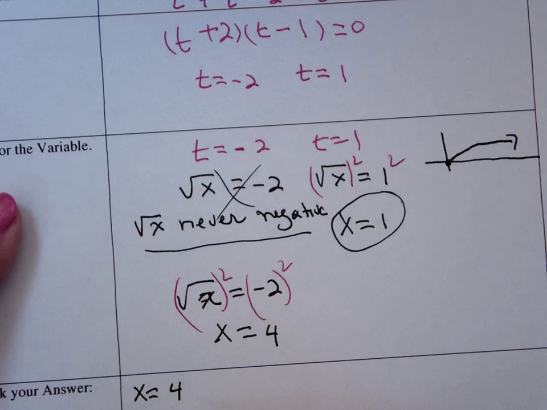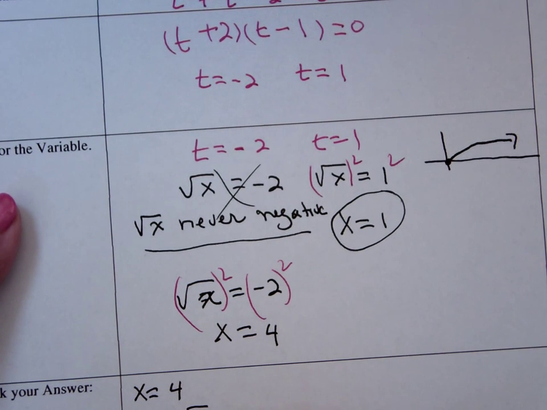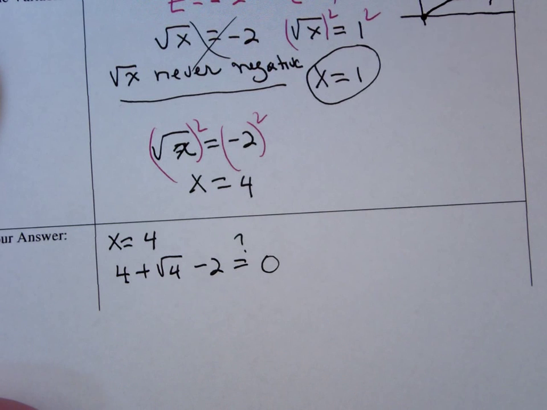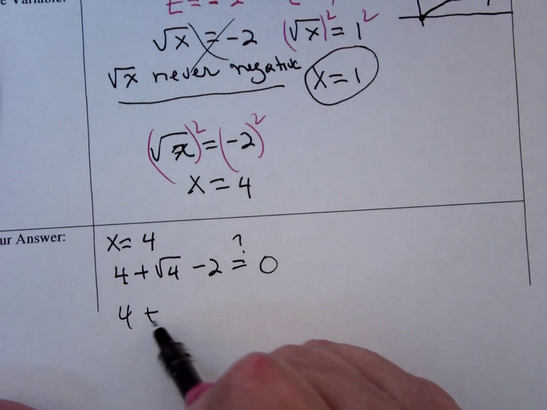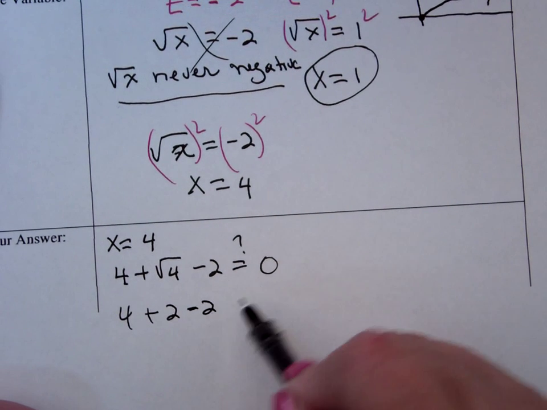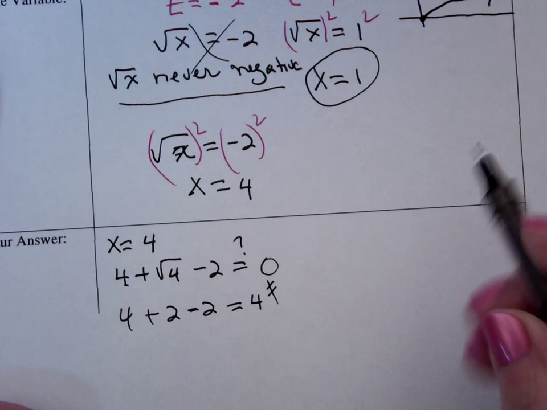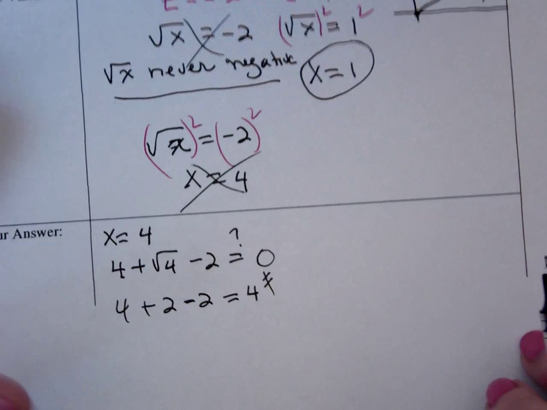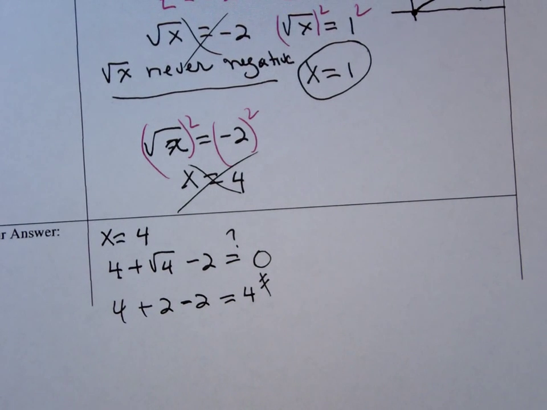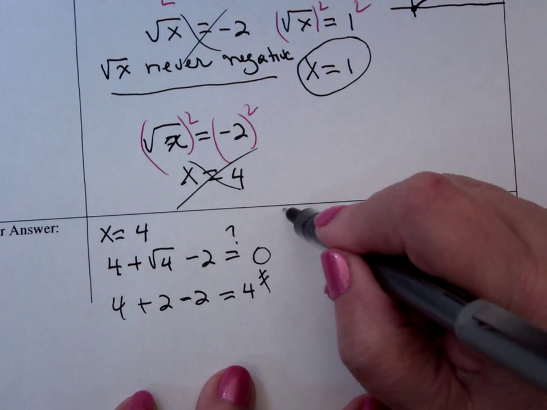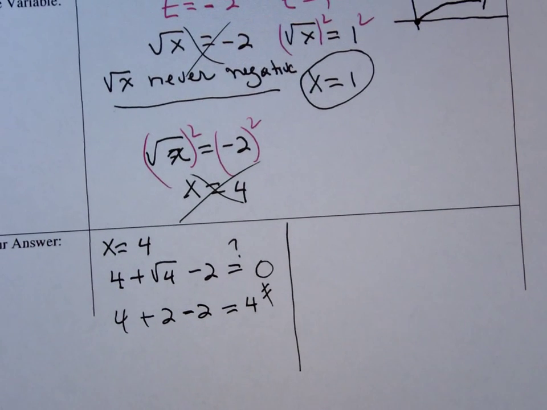Is it true that 4 plus the square root of 4 minus 2 equals 0? Well, this is 4 plus 2 minus 2, which is 4. This is not equal to 0, so this guy doesn't check. So if you were to go through, you could still catch your error if you check your answers.